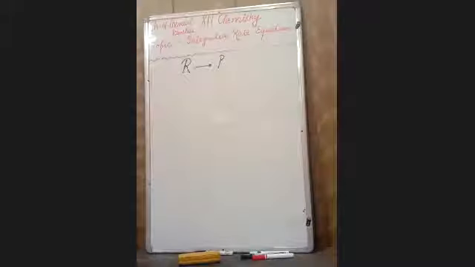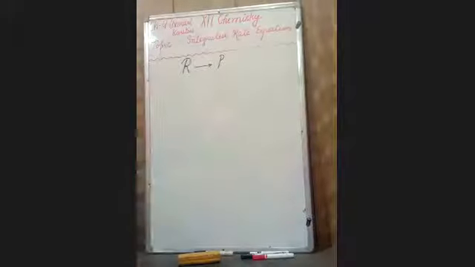Okay. Rate depends on the zero power of concentration of reactant. Zero order means the rate of reaction is proportional to the zero power of concentration of reactant. And any quantity raised to power zero is what? It is 1. It is unity.